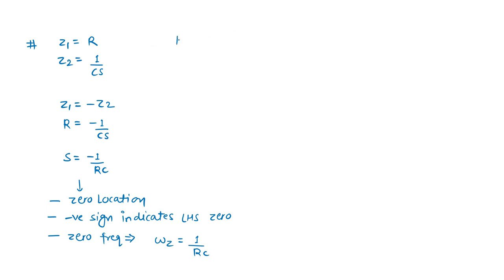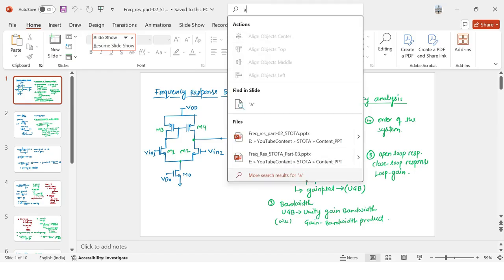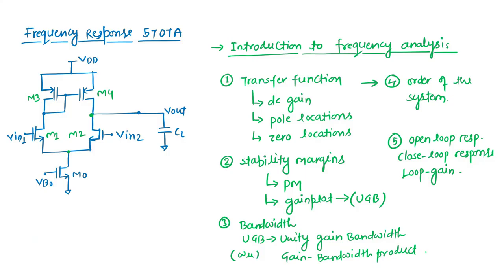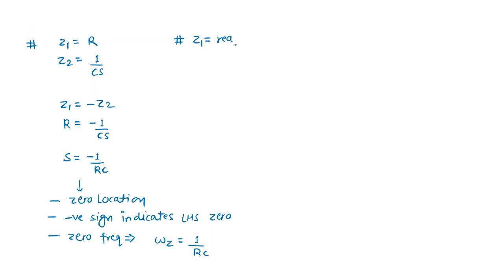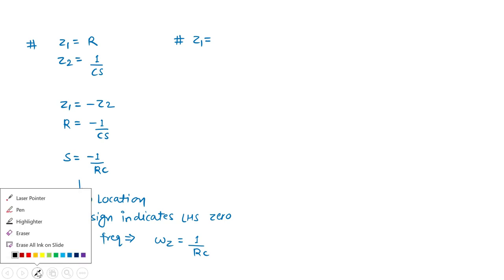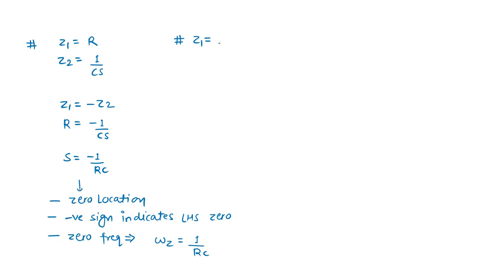Either way, it's possible that if your Z1 is some resistive quantity or some reactive quantity, and your Z2 is a resistive quantity, then also it is possible. So this is also possible when Z1 is reactive and Z2 is resistive.